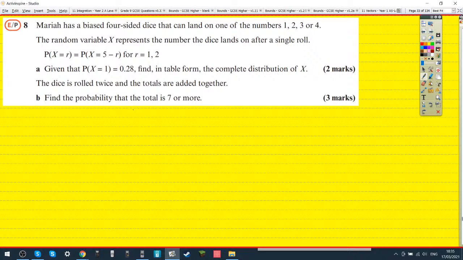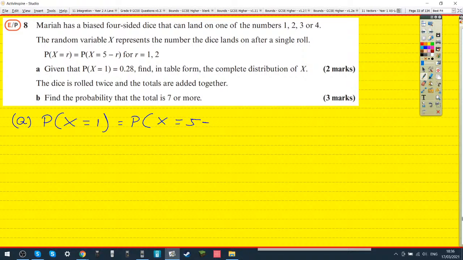This is similar. It's a bit weird. How would you start it? It's like probability x equals, so when r is 1, what is the second one?